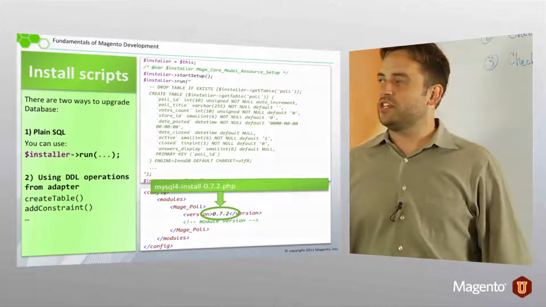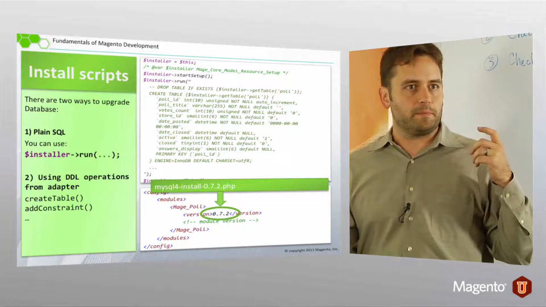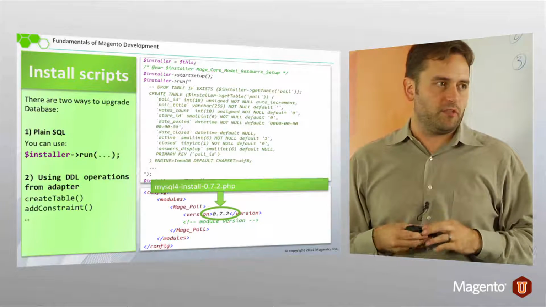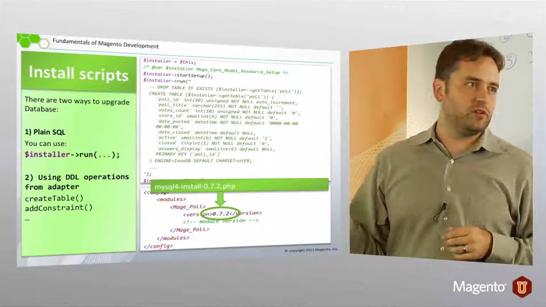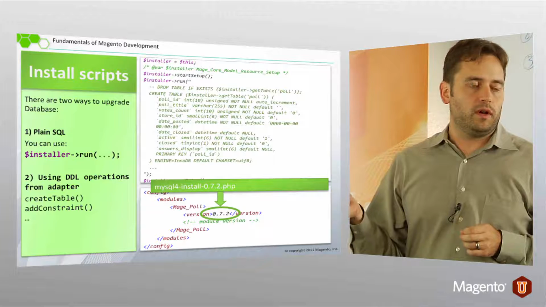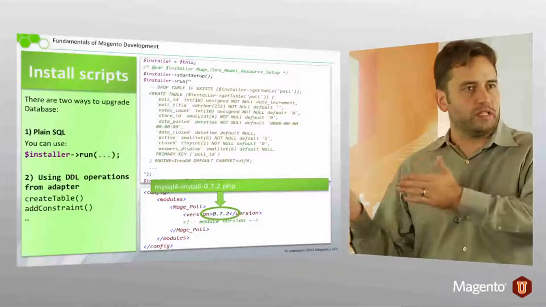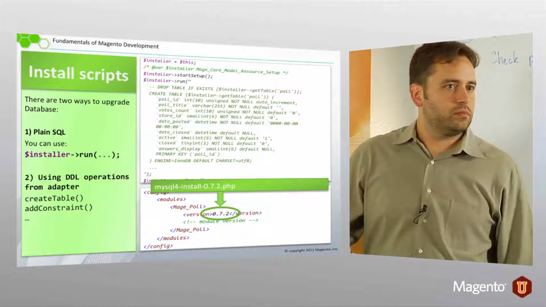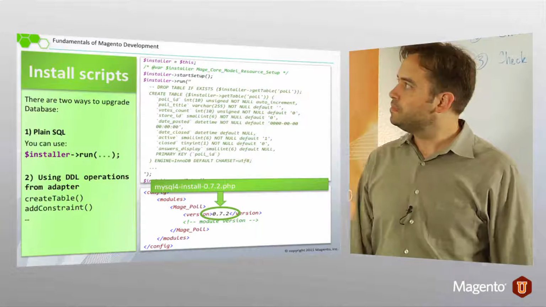The nice thing about this is that if the Magento install is using table prefixes, this will prepend those prefixes for us. This is why you wouldn't reference your table name directly. And then this is just simple SQL.